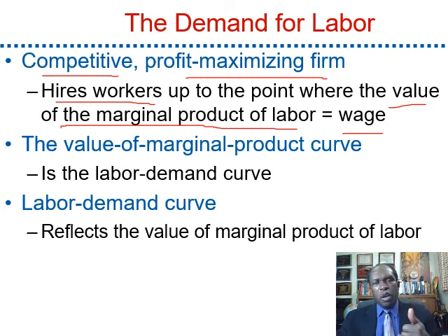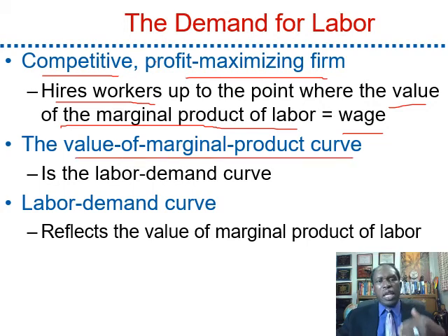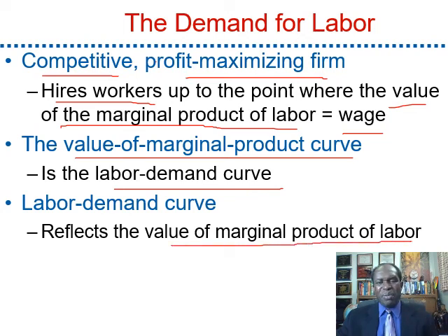If the value of the marginal product of labor is less than the wage, firms should lay off workers. So it hires up to a point where the value of marginal product of labor equals the wage. So the value of marginal product curve is the labor demand curve, which reflects the value of marginal product of labor.